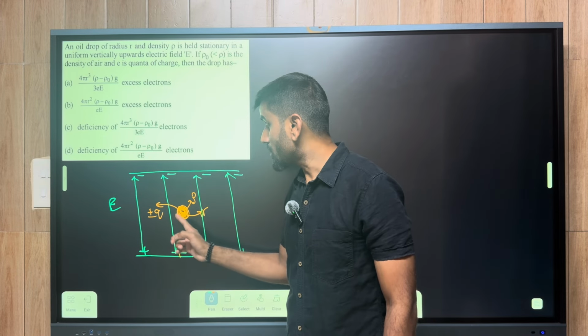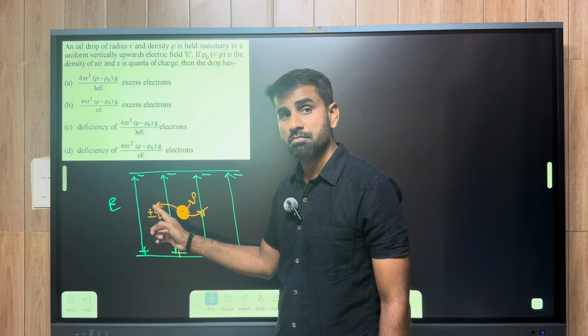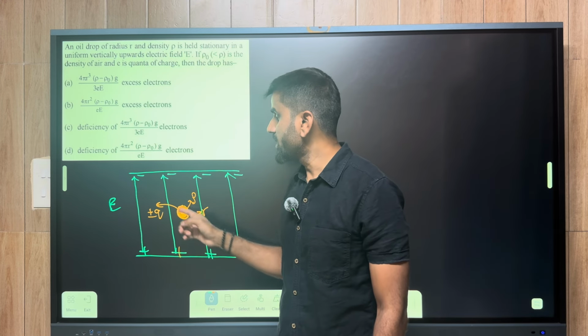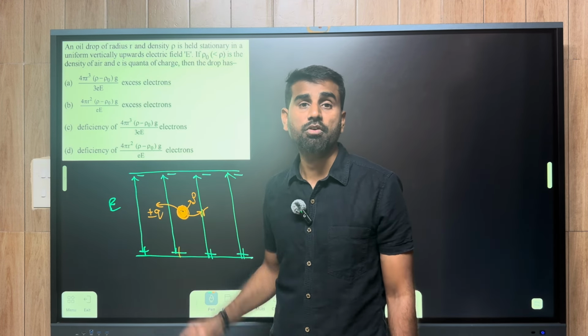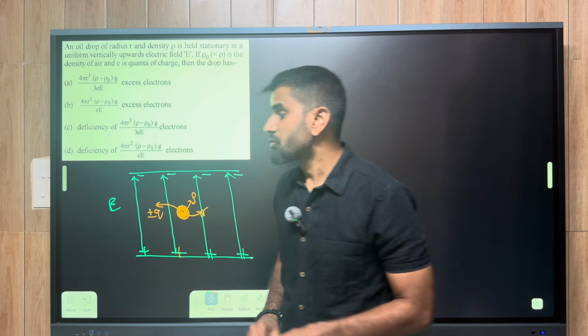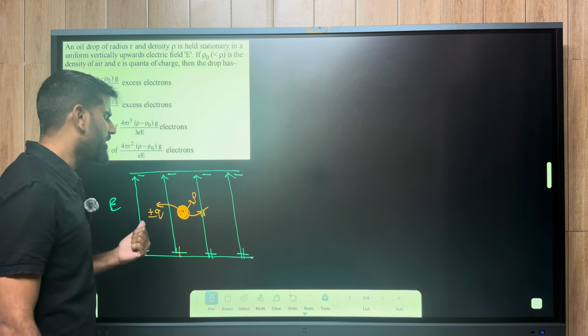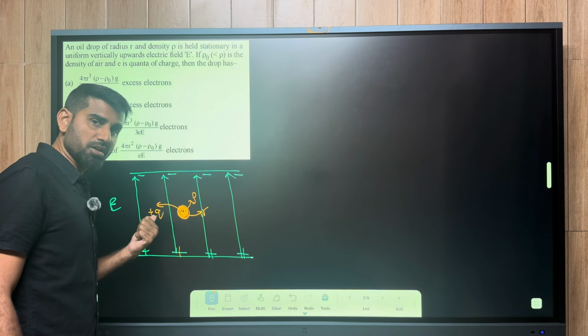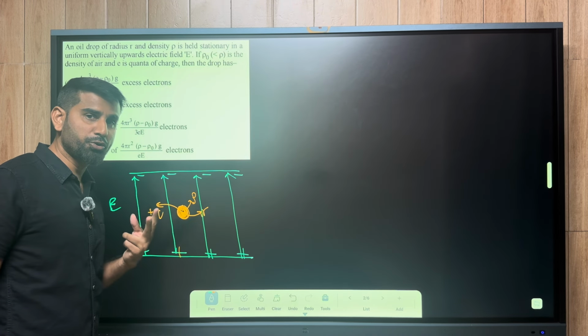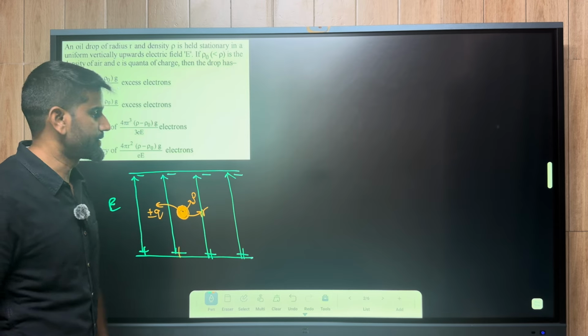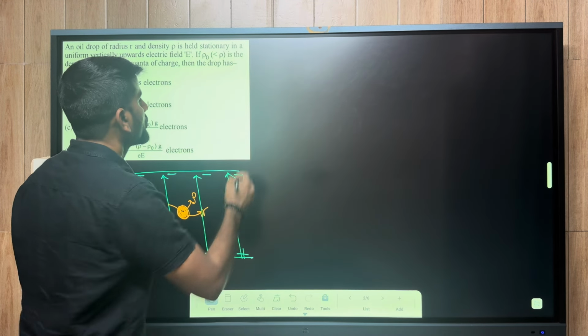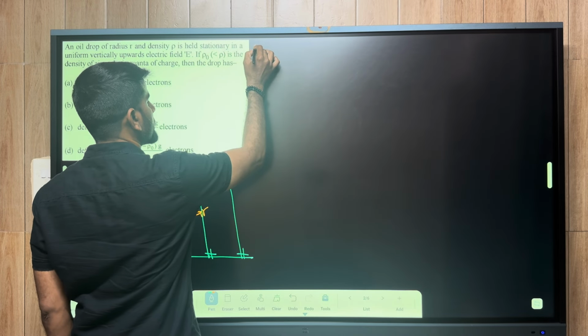If this oil drop has a certain amount of charge, positive or negative, then it will also experience the electric force because it is placed in the electric field. So there are three forces. As the charge can be positive or negative, there are two cases. Now I'm going to discuss the first case.